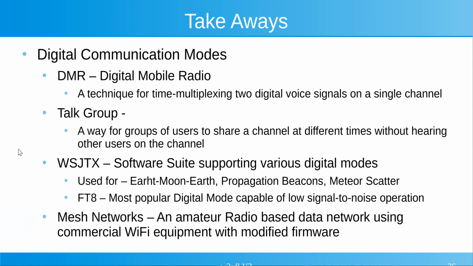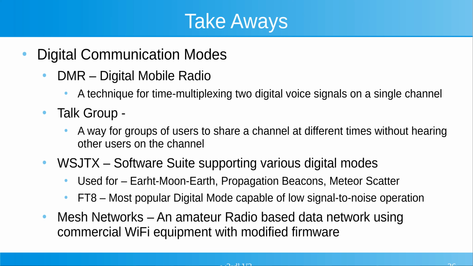DMR, called digital mobile radio, is actually more than a technique, but it's the only one that does the time multiplexing of two digital voice signals on a single channel. Talk groups are a way for a group of users to share a channel without having others. So it's kind of like setting up a private channel, although anybody can join it, it's not exclusive.